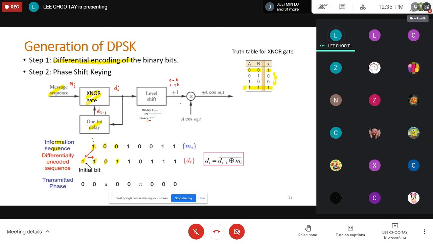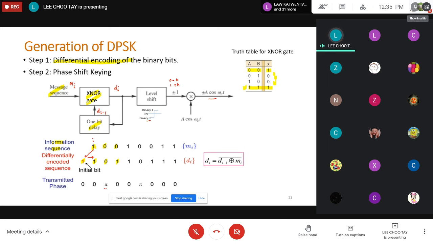Then I multiply here, so that will give me positive, negative A cosine omega CT. And if I translate it to the cosine wave over here, you can see 0 will give us minus A cosine omega CT.